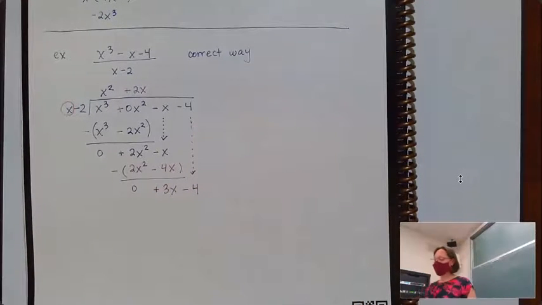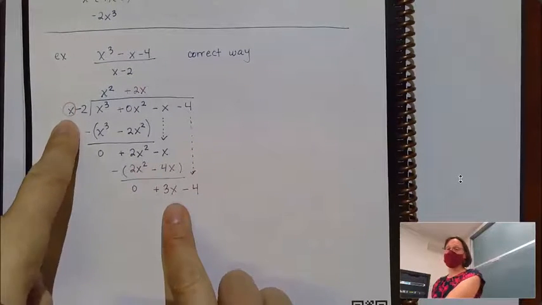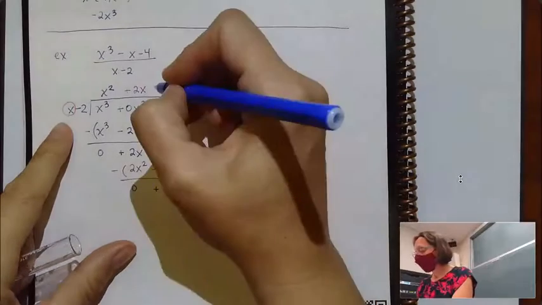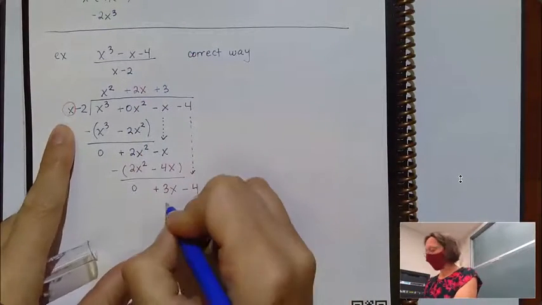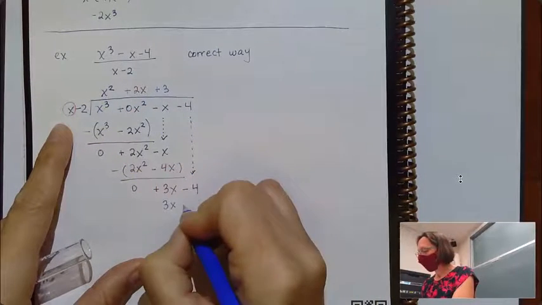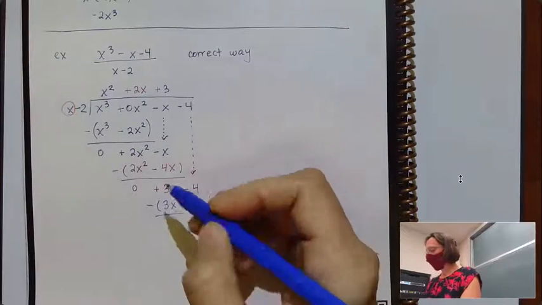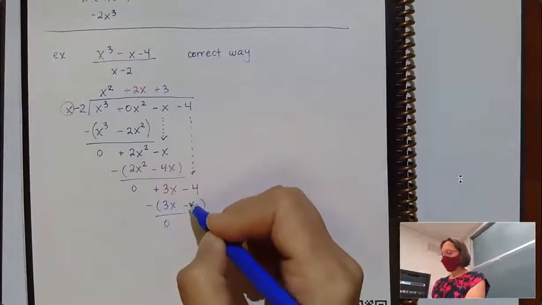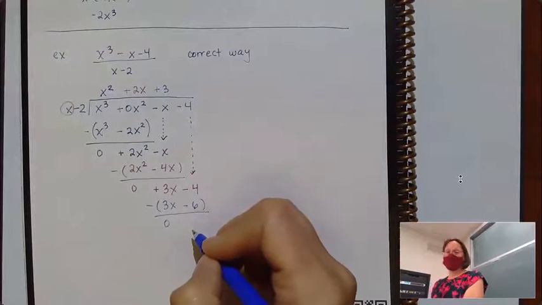We're still not done because our power on x down here is the same as the power of x we were dividing by. Well, x times a positive 3 is going to give me that positive 3x. So I'll have 3x, 3 times -2 is -6. And when we subtract that, 3x minus 3x is 0, -4 minus -6 is like adding the opposite.